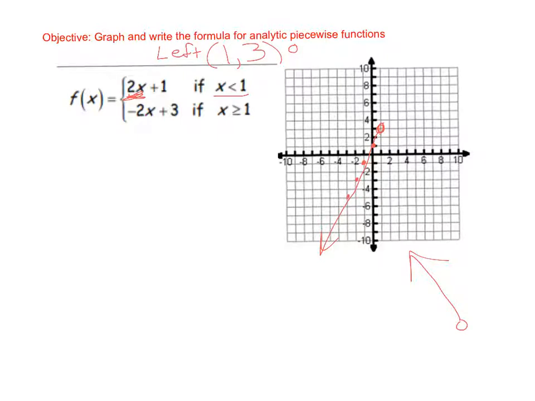Now I'm going to get my bottom piece, plug in 1. You get 1. It's a closed circle, and we are going to the right. So 1, 1. There's my closed circle. Now this one has a -2 slope. So which way am I going?